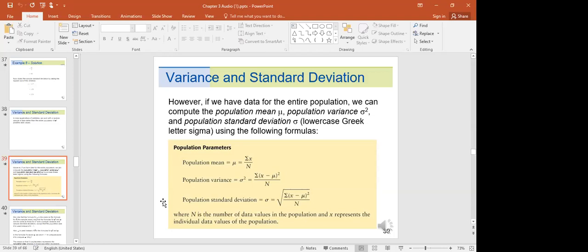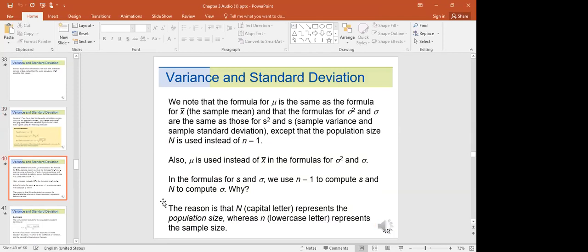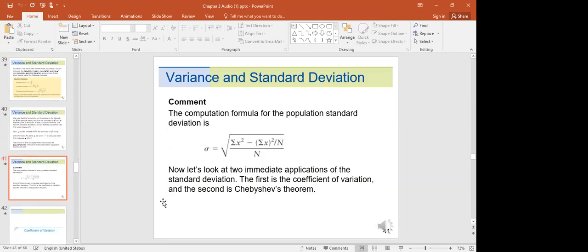So the difference between the sample and population variance is that for population variance, we divide by the population size, but for sample variance, we divide by the sample size minus 1. The standard deviation is the square root of the variance. We want to remember this.